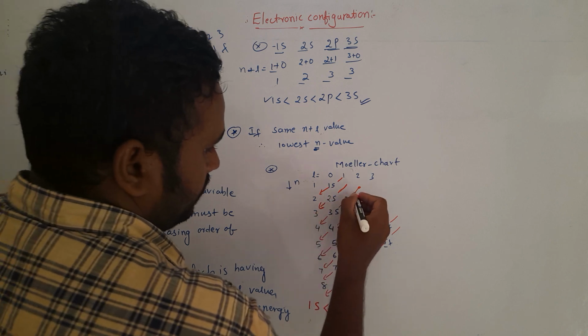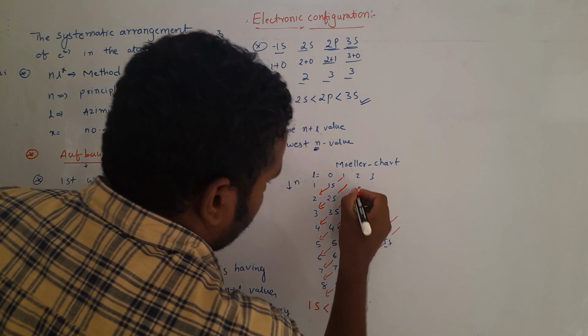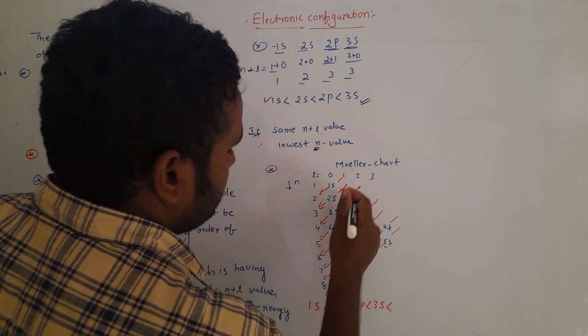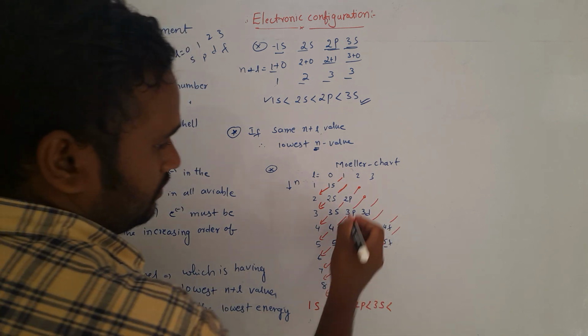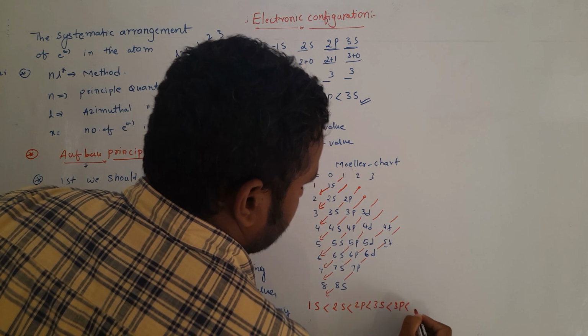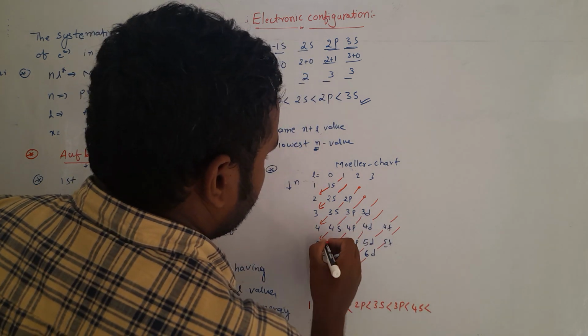So after completion of 2s, the next, third arrow contains 2p after 3s. This arrow is finished. Again you should come from the tail position itself. 3s, then 3p is less than, then 4s is less than. Now this arrow is finished.